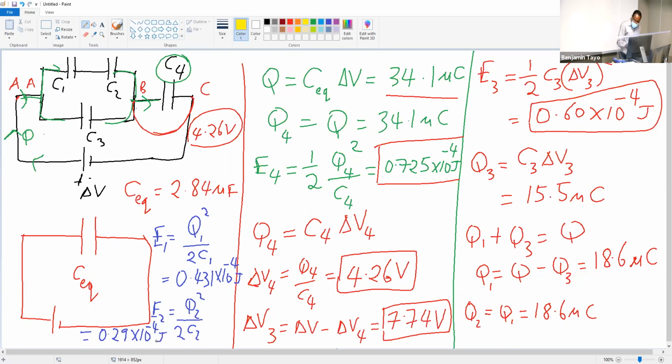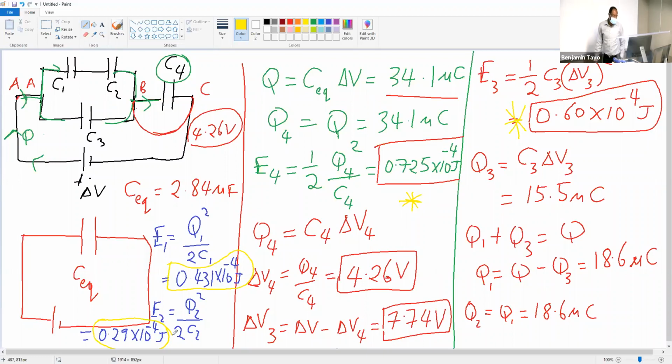Now, if you go back and add all of these, take your E3, and then E4, and E1, and E2. So E1 is 0.431 times 10 to the negative 4. E2 is 0.29 times 10 to the negative 4.